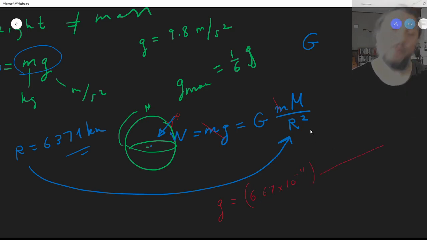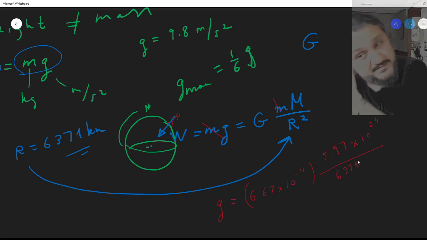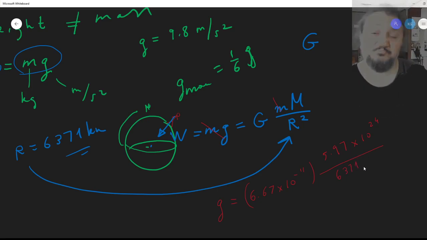Times Earth's mass, 5.97 times 10 to the 24th power, divided by 6,371 kilometers. So I need to multiply it by 10 to the power 3, because 1 kilometer is 1,000 meters, and I need to square that.